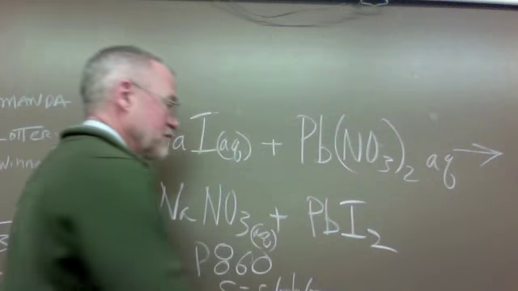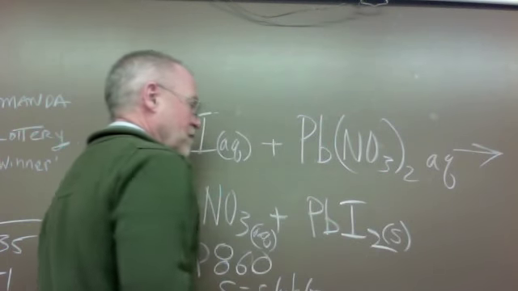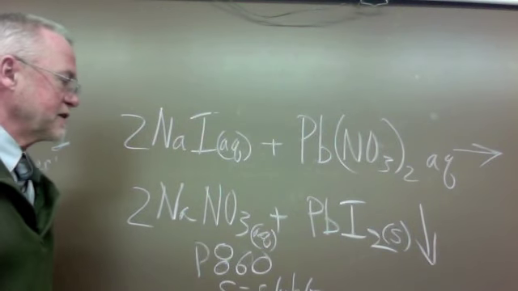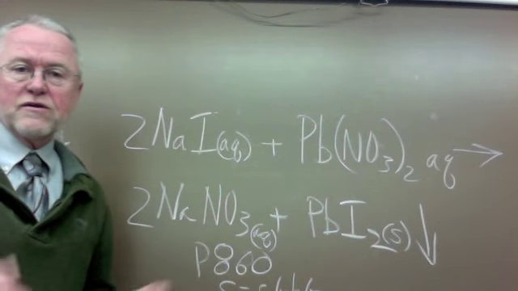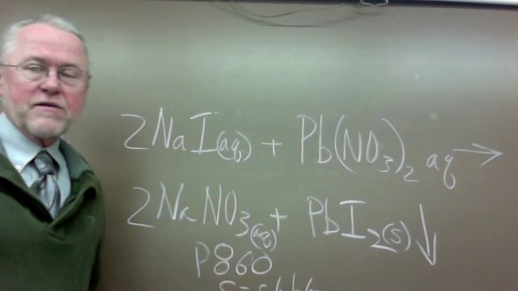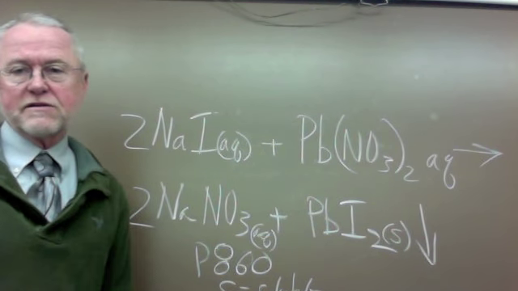It's going to be insoluble, so we'll put an s there. Another way of indicating a precipitate is an arrow down. You'll see that in some cases. So you have to do that with all of the reactions that happened, except for the tap water. Well, I did 1, so that means there's 5 left.